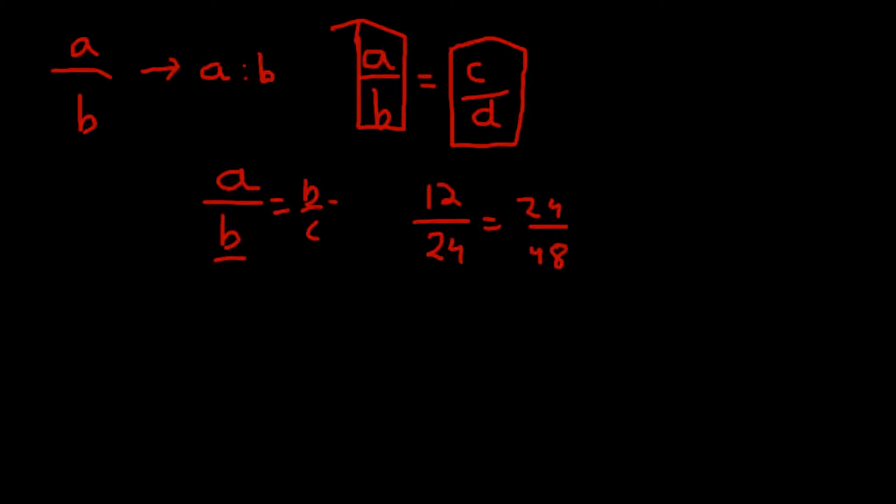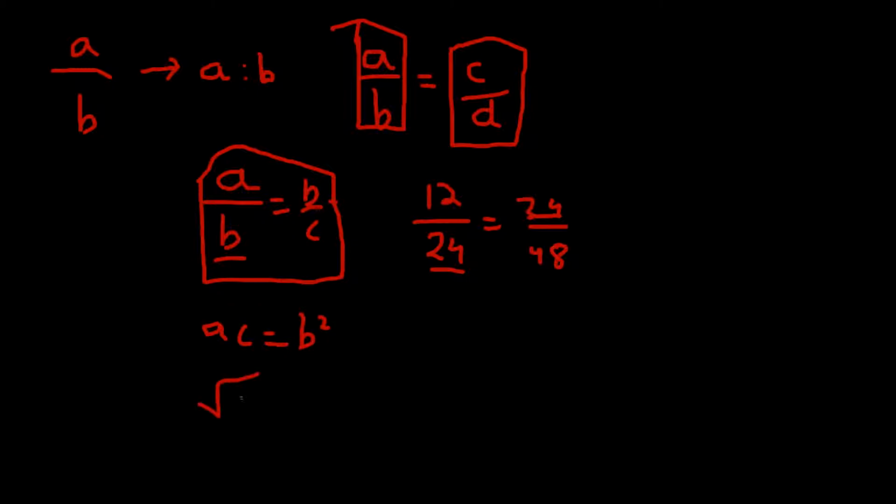So you can see that 24 here, 24 here, and the value of the two ratios is exactly the same, 1 by 2. Another relation, from here you could see pretty clearly that if you cross multiply, you get AC is equal to B squared. So root of AC is equal to B.